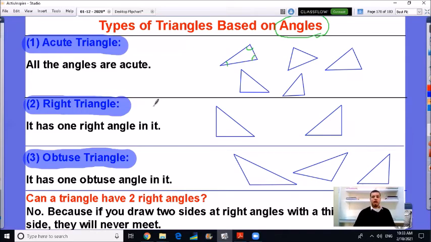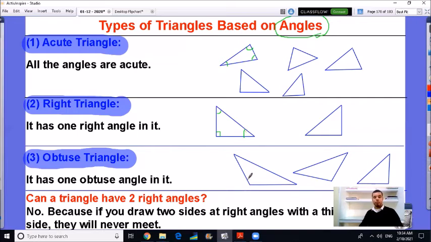So what about the right triangle? Mister, it has acute angles here also. Why don't we call it an acute triangle? And it has another acute angle here. Why don't we call it an acute triangle? Because it has one right angle. So if it has only one right angle, then it is called a right triangle.